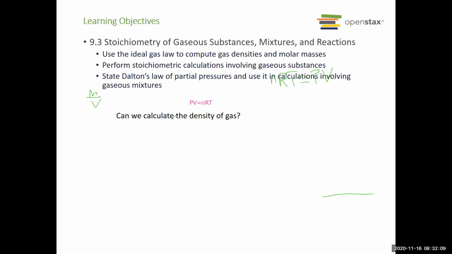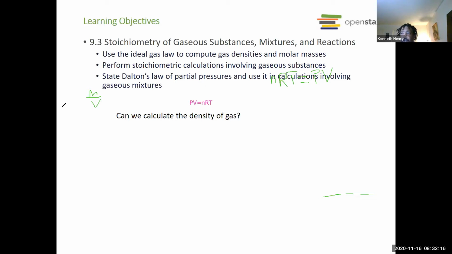Yeah, if we rearrange it, we can get mass over volume, because we know that the number of moles n is going to be the mass over molar mass. We know that density, rho, is equal to mass over volume.